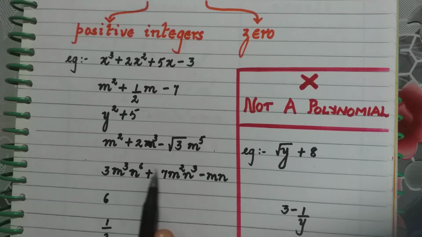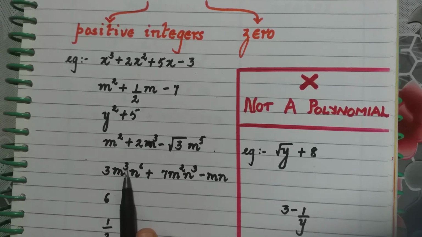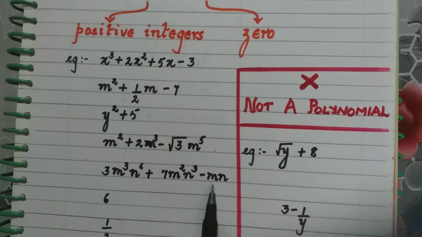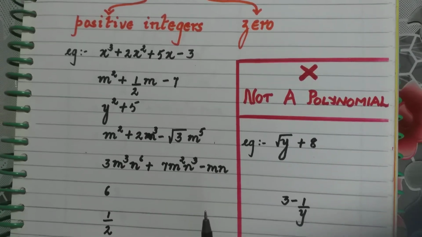We have to just see the powers of the variables in the polynomial. In the first term, the power of m is 3 and of n is 6. Here m is 2, n is 3. Here m is 1 and n is 1. Therefore, this will still be a polynomial.